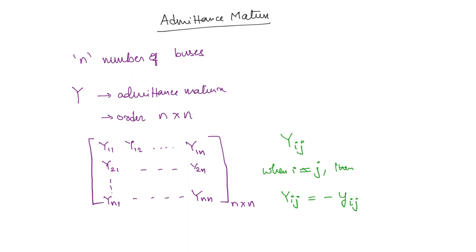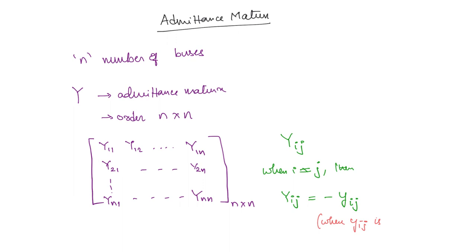Okay, so you can write here where Yij is, see, remember here it is a small letter. The small letter represents the actual admittance of the transmission line that we are considering. Capital Y, if we are taking, is the element of the admittance matrix.